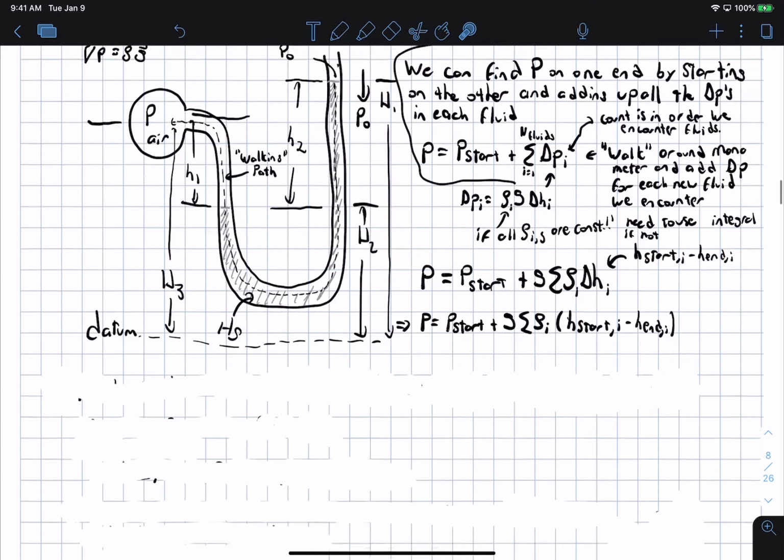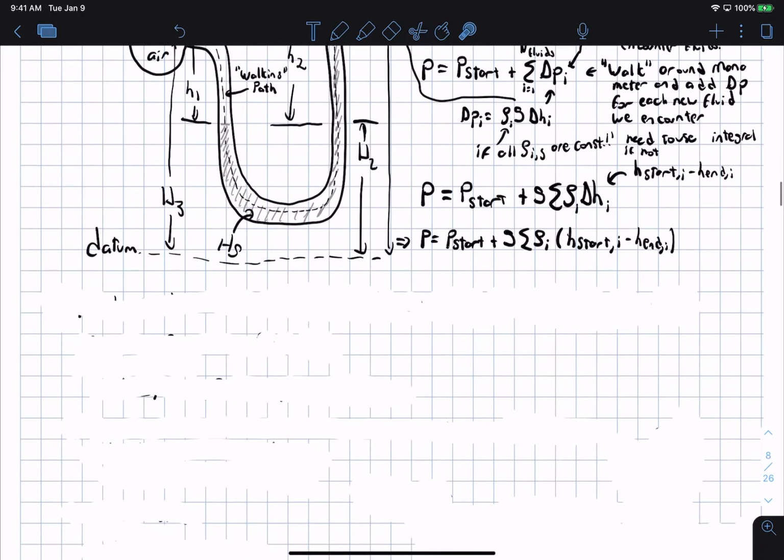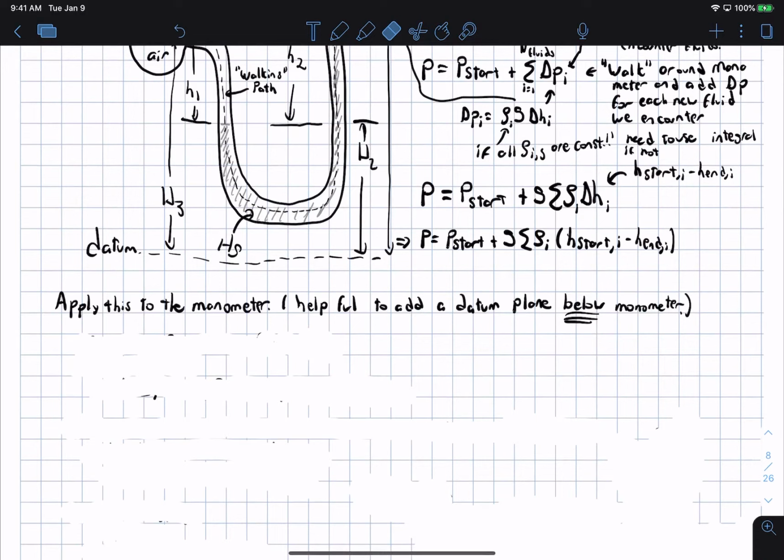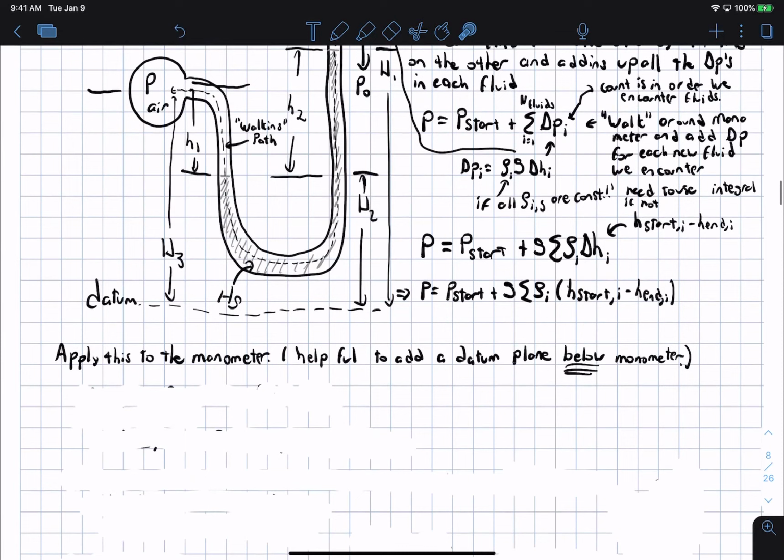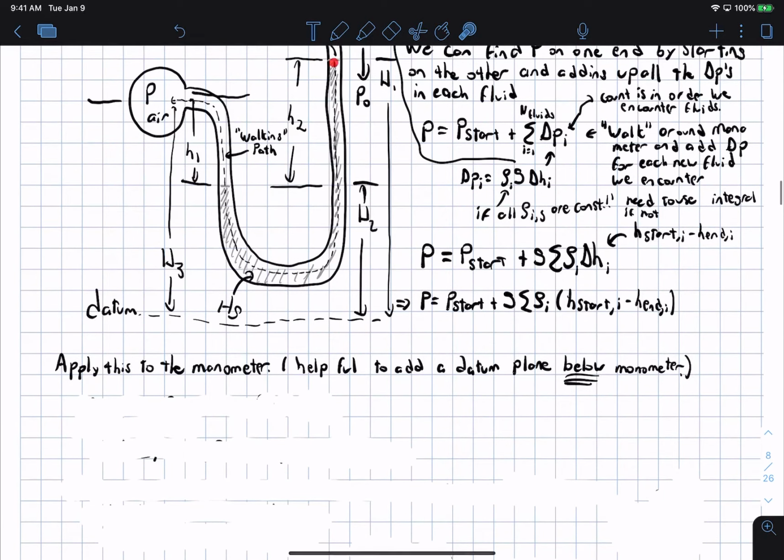Okay, so I'm going to apply this to the manometer, and sometimes it's helpful to add a datum plane below. I'm going to apply this to the exact same manometer here. I'm going to start at this point here because I know what the pressure is, and I'm just going to walk around until I get to my ending point.